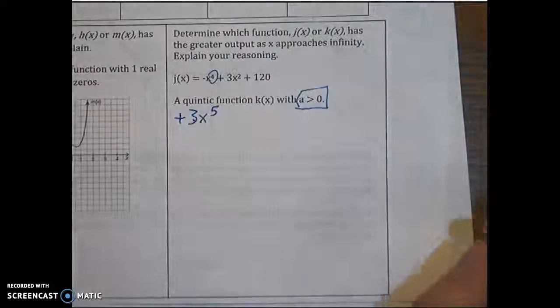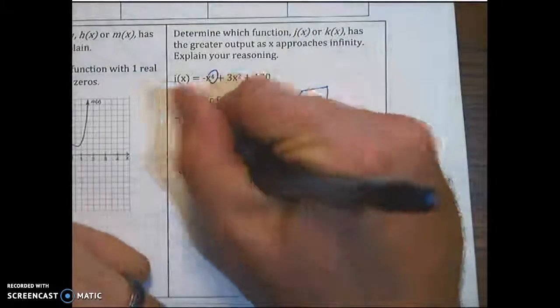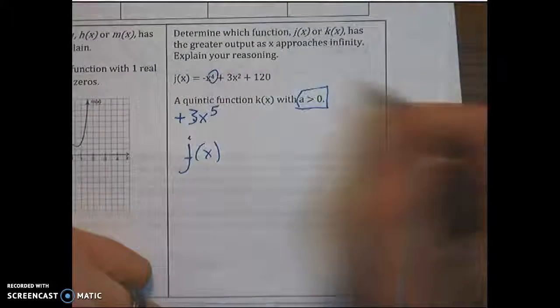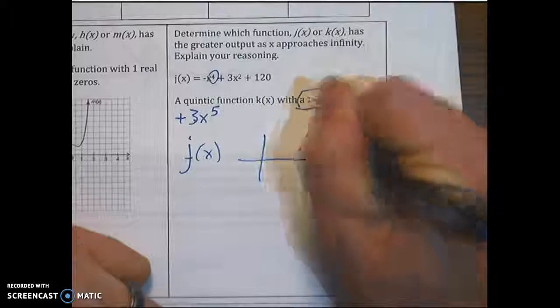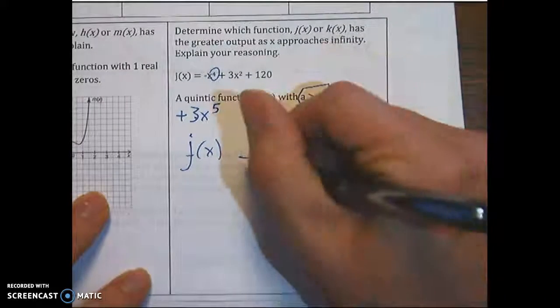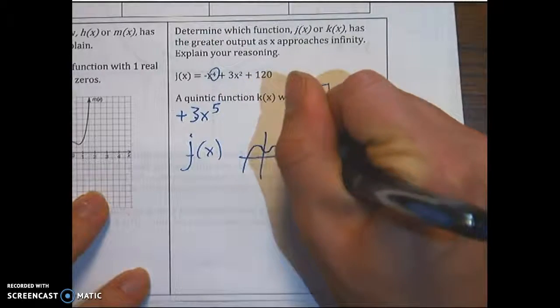It's not negative. So if I was trying to draw j of x, I know that a 4th degree polynomial that's negative in front is probably going to look something like this.